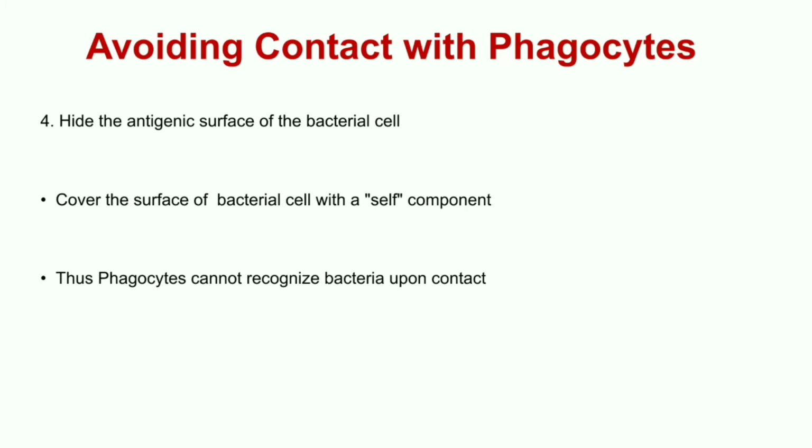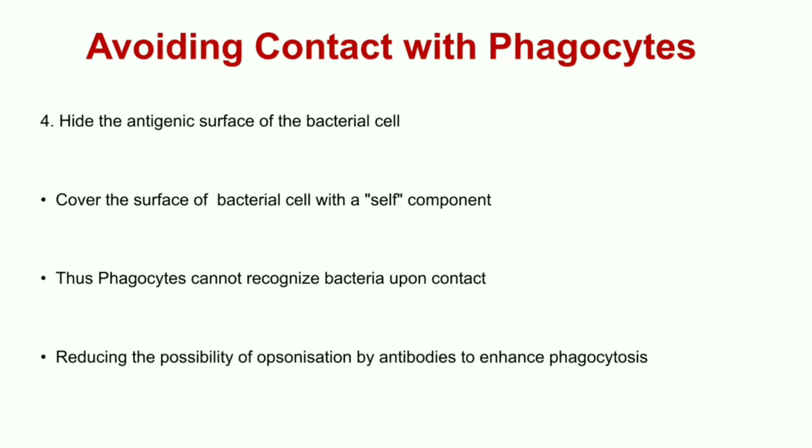Due to this, the phagocytes cannot effectively recognize the bacteria even if they come in contact with these bacteria, thus reducing the possibility of opsonization by antibodies, hence increasing the chances of survival.